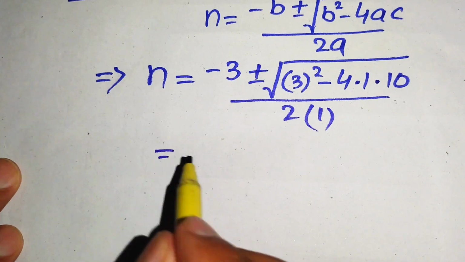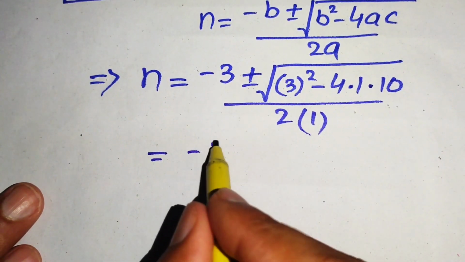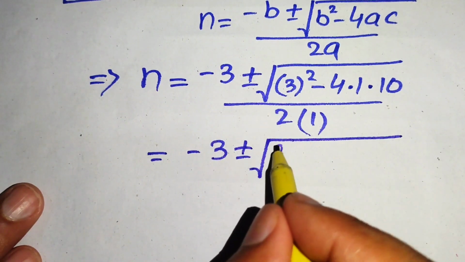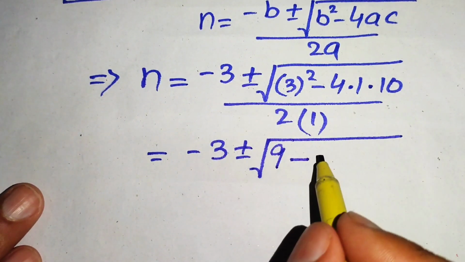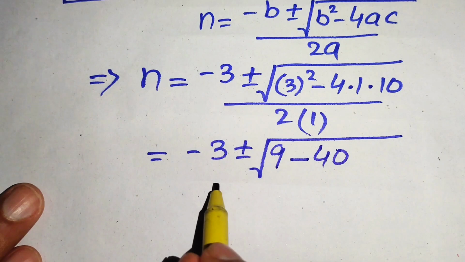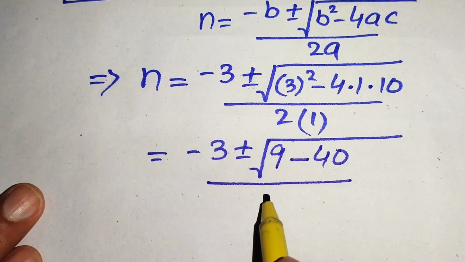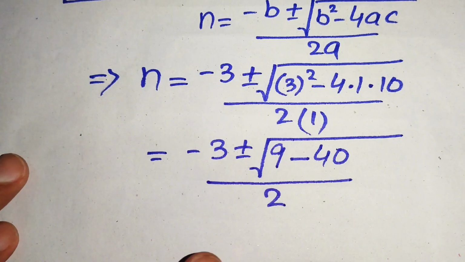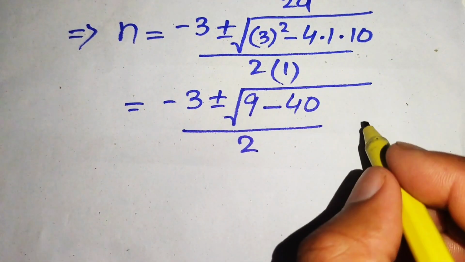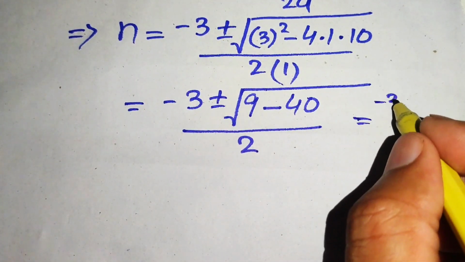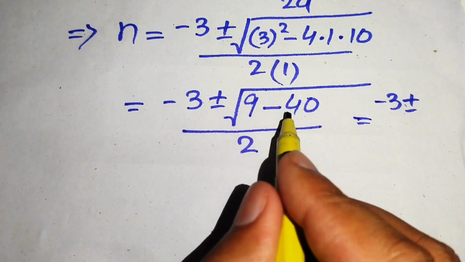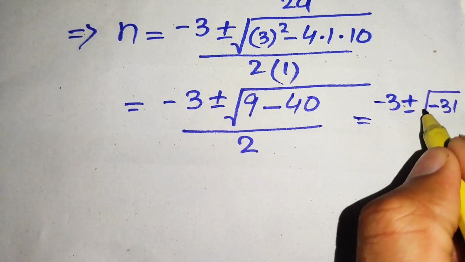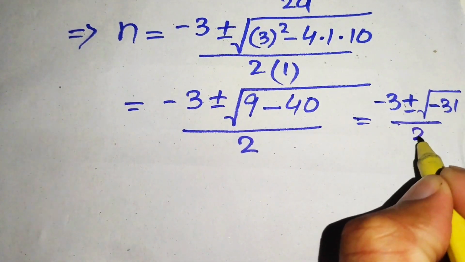In the next step we need simplification, and we write it as minus 3 plus minus square root of 3 square, which becomes 9, minus 4 times 10, which becomes 40, divided by 2 times 1, which is 2. Now we rewrite this expression as minus 3 plus minus square root of 9 minus 40, which becomes minus 31, divided by 2.